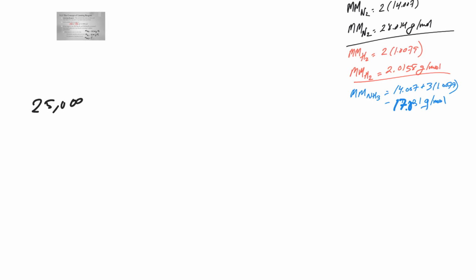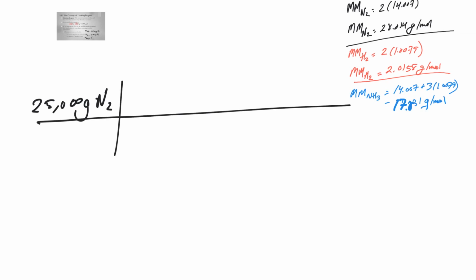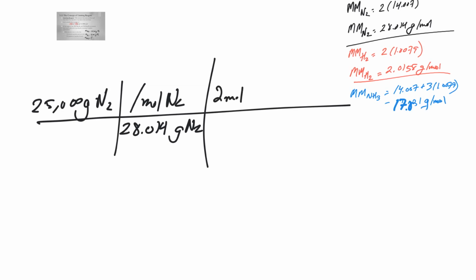So what I'm going to do is just take the 25,000 grams of nitrogen, divide by its molar mass, multiply by the mole ratio, in this case, to ammonia, and then multiply by the molar mass of ammonia.